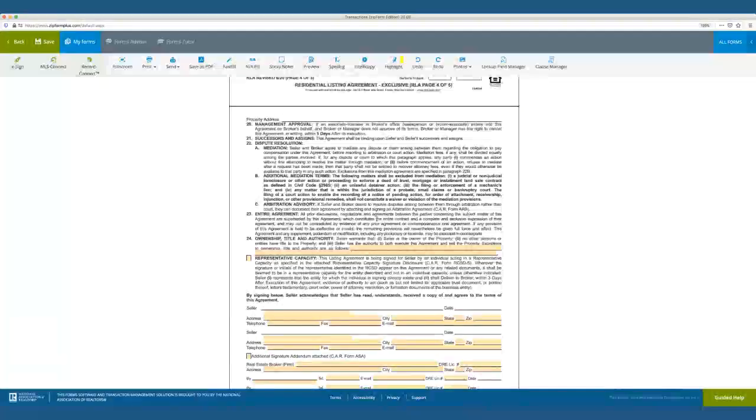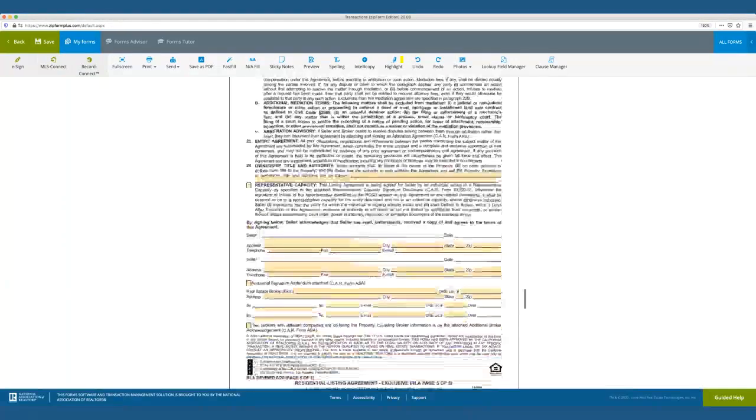Everything that's here. The seller warrants that they can sell it. If it's held in a trust, then they need to do a representative capacity, which basically states who the authorized signer is for that trust.